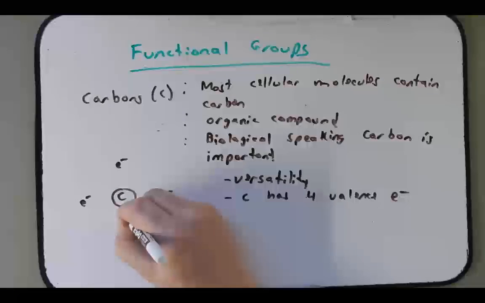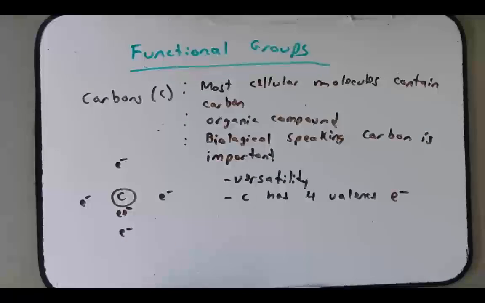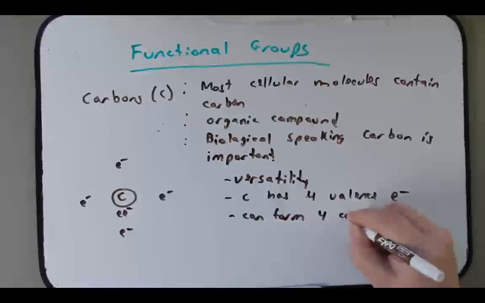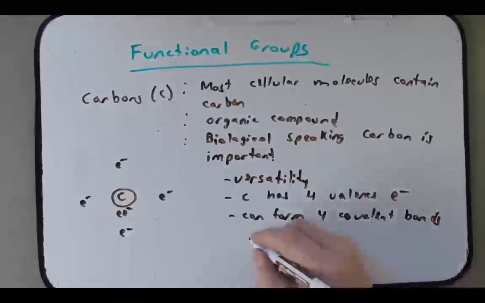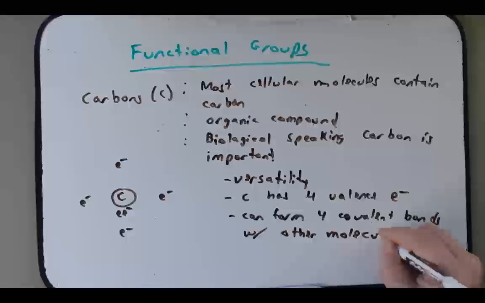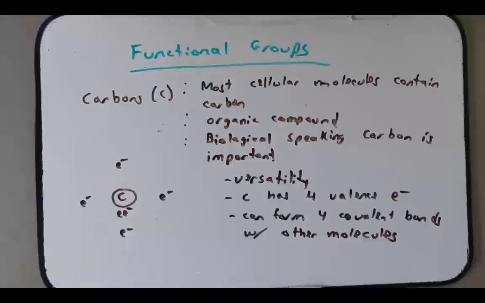It still has the 2 in the middle here, in the inner shell, but it has these 4 unpaired electrons. Because of that, it can form 4 covalent bonds with other molecules. This is unique to carbon, and is one of the reasons it is so abundant in biological systems.